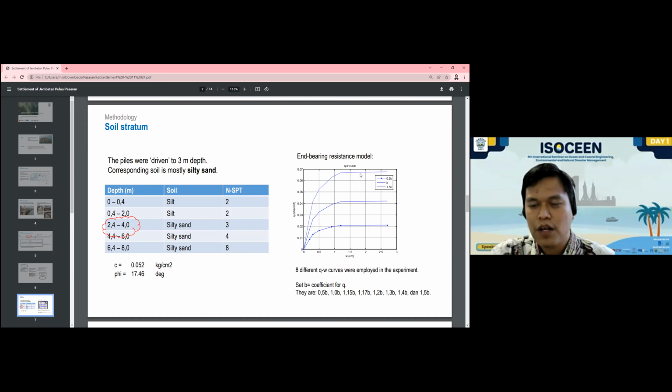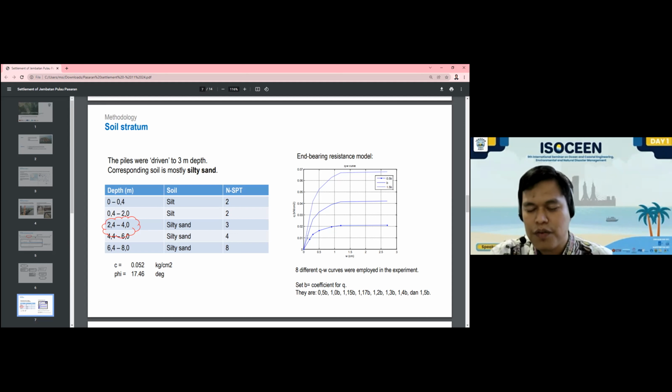For variety of the study, we employ 8 different QW curves in the experiment. If B is the coefficient for Q, then 1B means this curve. 1B means Q is equal to 1, and it should be this curve. For the upper limit and lower limit, I put the picture in this graph.